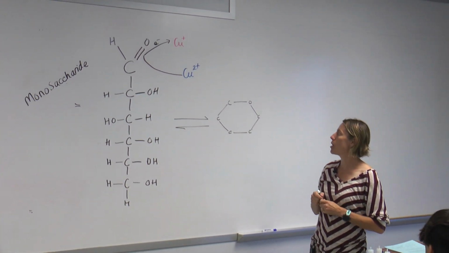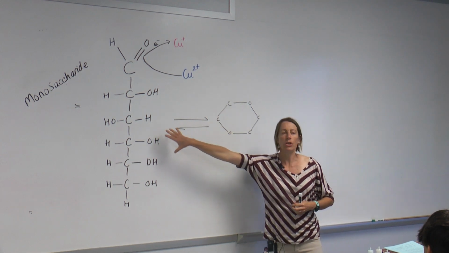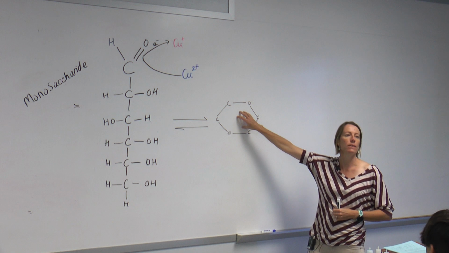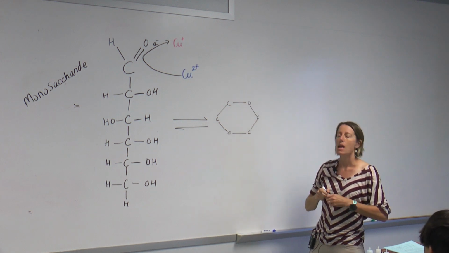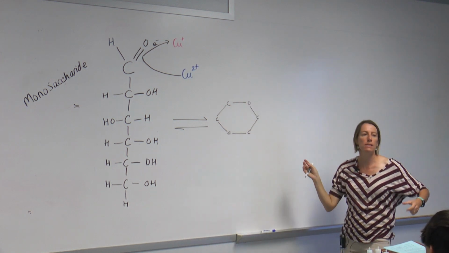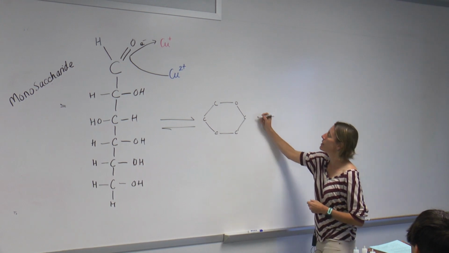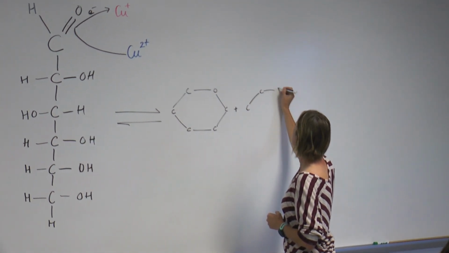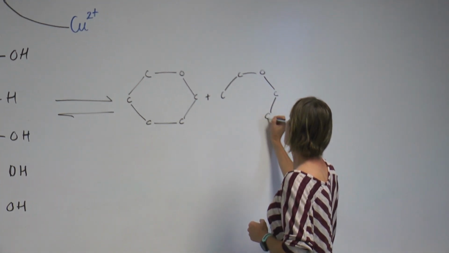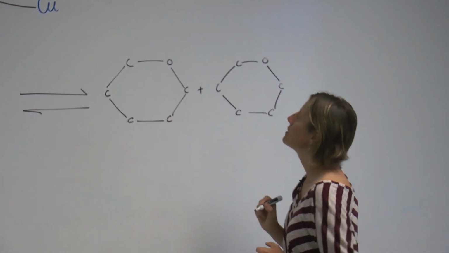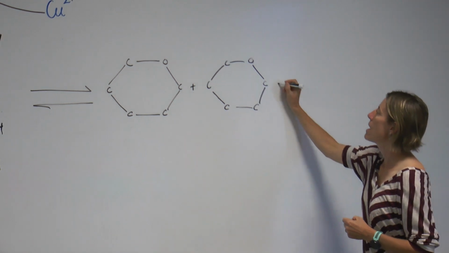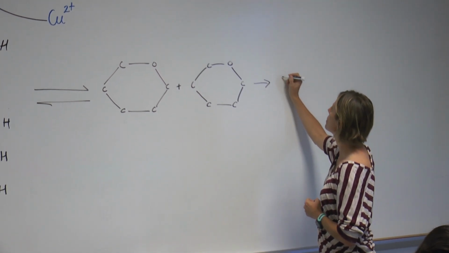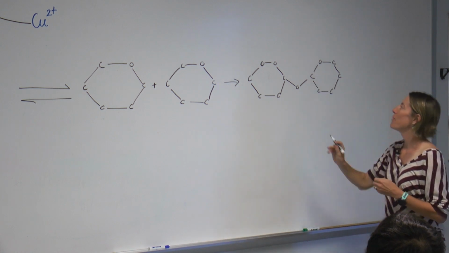Next up, we're going to get a little more complicated. So my sugar, my monosaccharide, can flip itself into a ring and back and forth, right? I can take two of these rings side by side and hook them together. So if I take another one, I do that reaction that we've learned, dehydration synthesis, and I can turn it into, all right, what did I draw here?